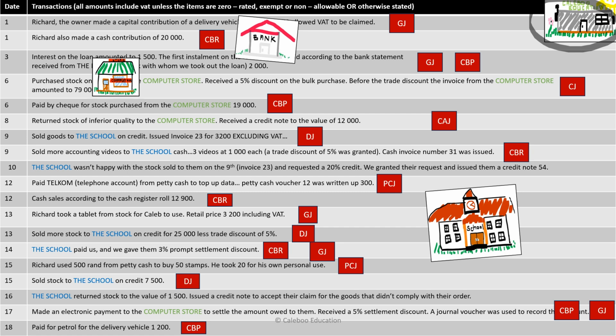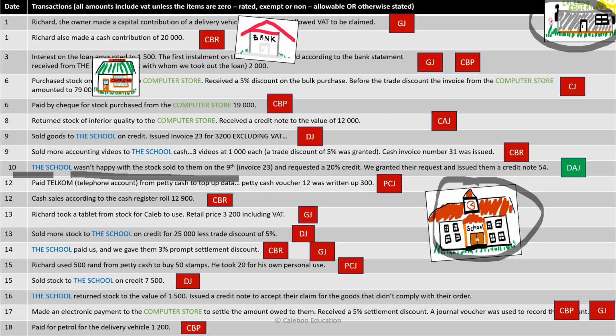But I've been through them and we're focusing on sales returns from the school, and I've identified on the 10th the school wasn't happy with the stock sold to them on the 9th and requested a 20% credit. We granted their request and issued a credit note.